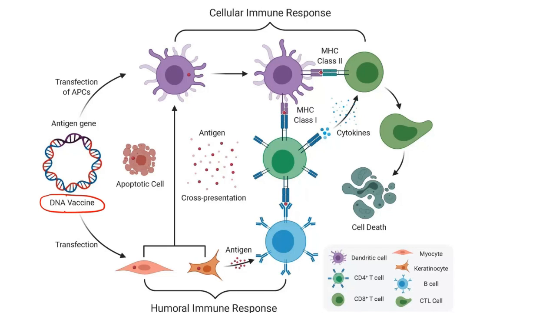Basically this is a nucleic acid antigen, specifically a DNA vaccine. If you administer a DNA vaccine to a patient, what will happen? Transfection of APCs. Transfection means the APCs will take up the DNA.